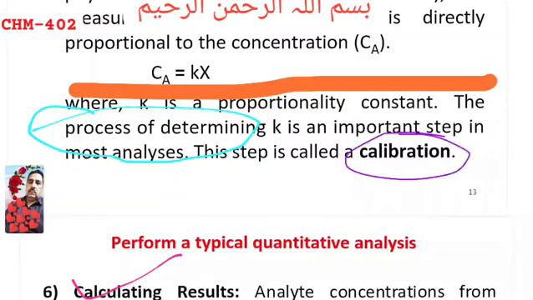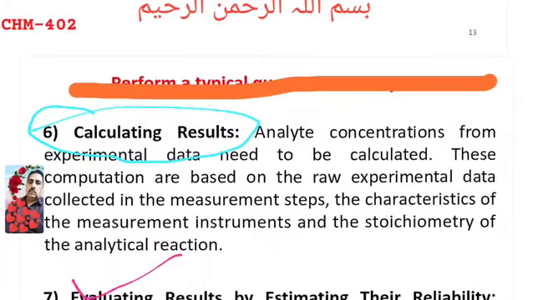Determining the constant which is required for precise measurement is known here as the calibration method. Next is calculating the result. Analyte concentration from experimental data needs to be calculated.